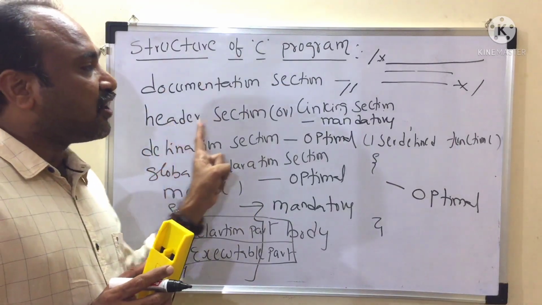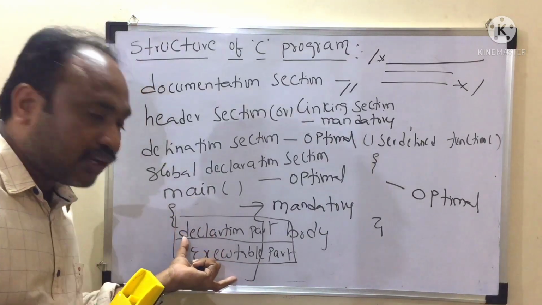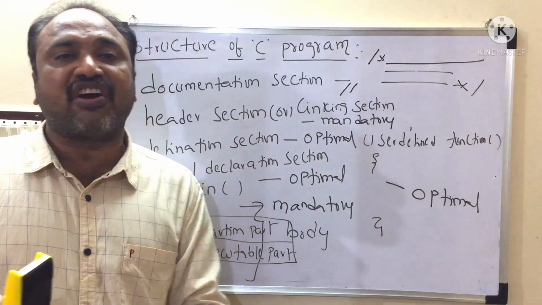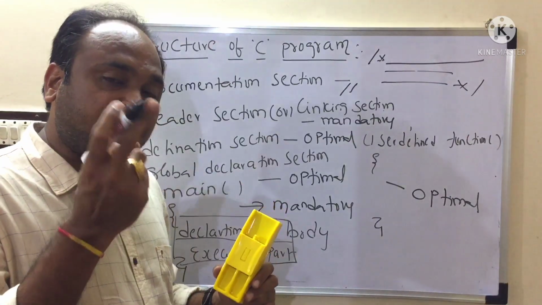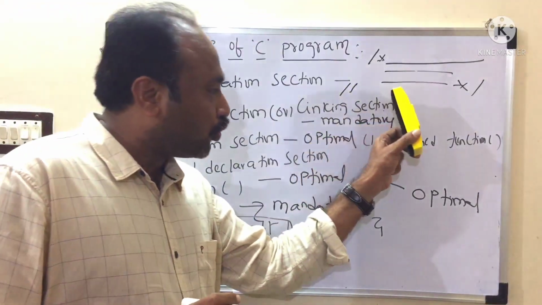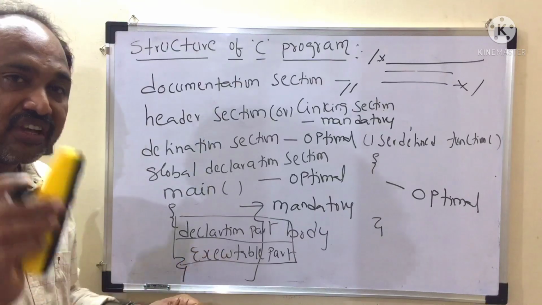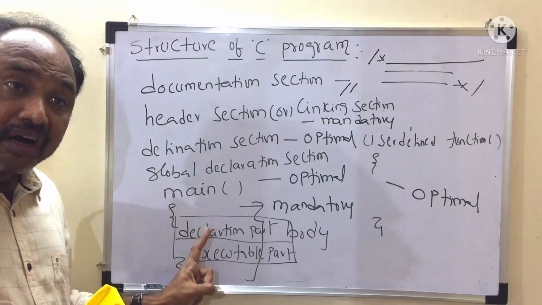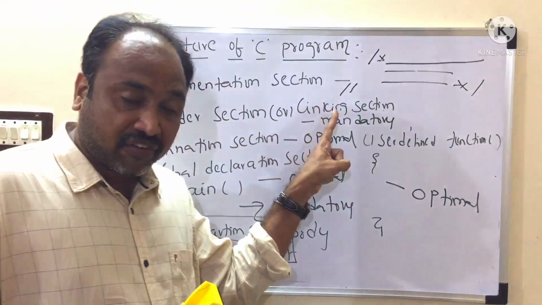Next, the header section or linking section. In the body part of our main program, we are going to use some functions, such as printf and scanf. Those functions are defined in header files, so I have to write #include <stdio.h>. If you are going to use mathematical functions like square root, sine, cos, they are defined in the math.h header file.